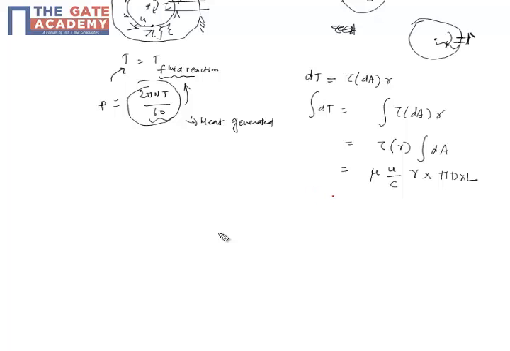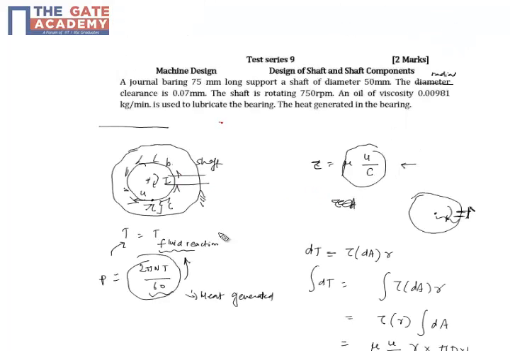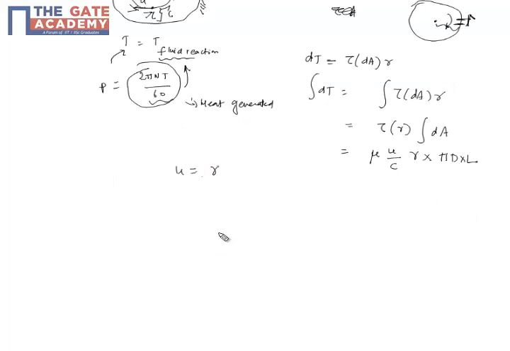Now how do you get the velocity? Because it moves with constant speed, the linear velocity anywhere is r omega, where omega is 2 pi N by 60. So u is pi d N by 60.